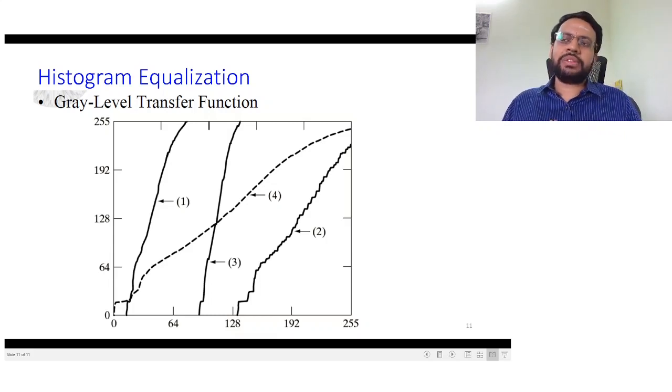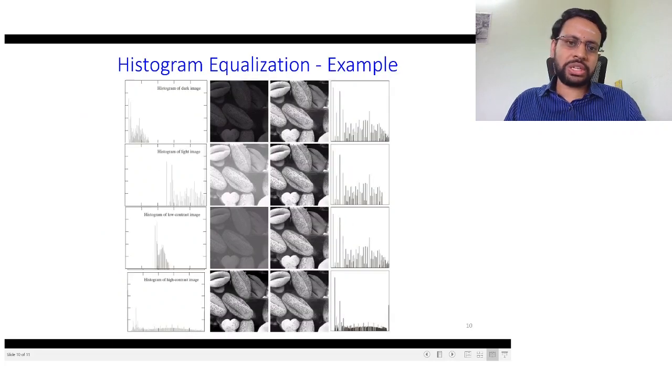So that's the effect of applying histogram equalization in enhancing the quality of the image. I repeat, the assumption we are making here is that a good image is one where, if you plot the histogram for it, it will have more or less equal distribution. That's all as far as histogram equalization is concerned.